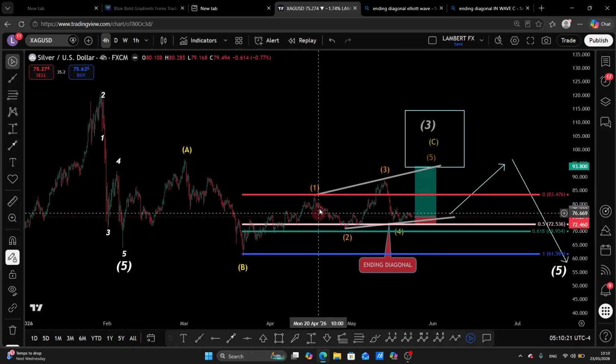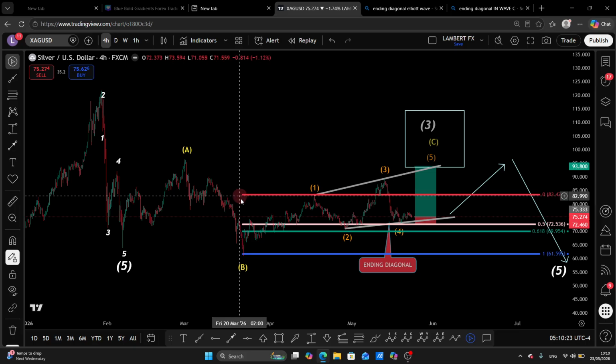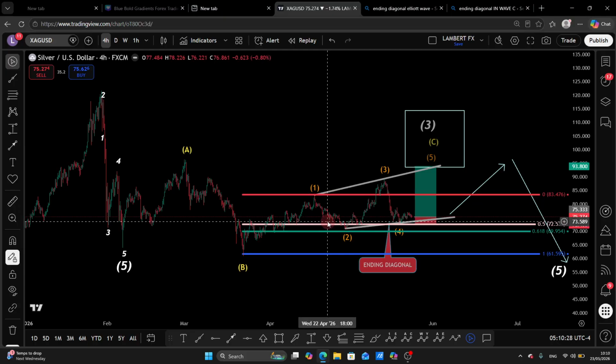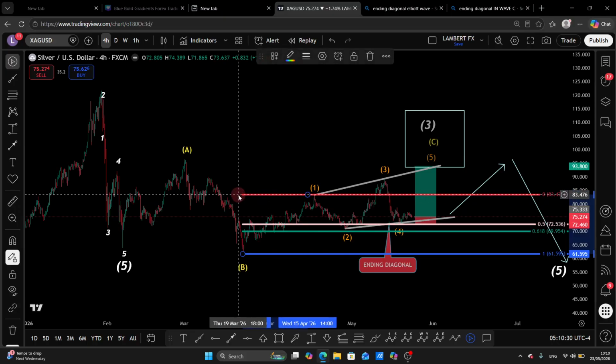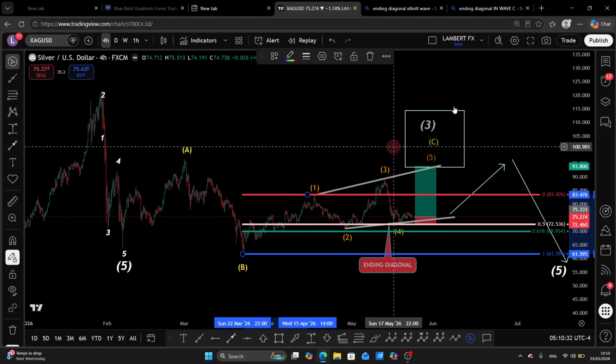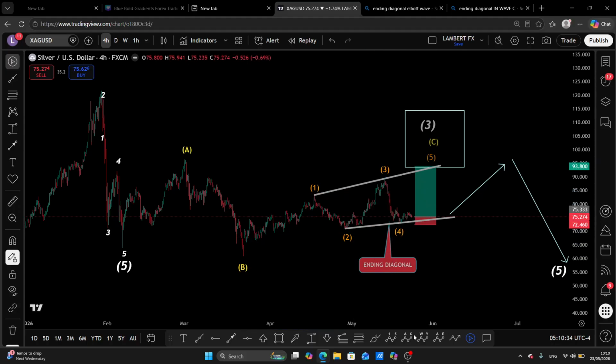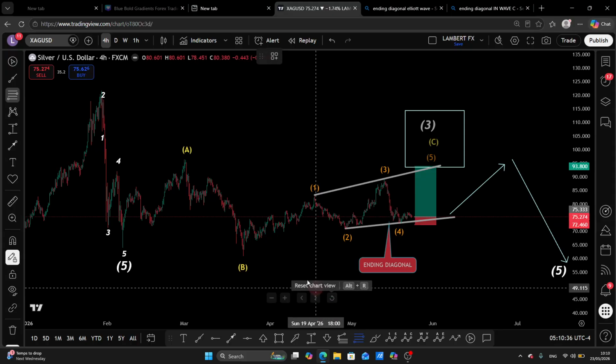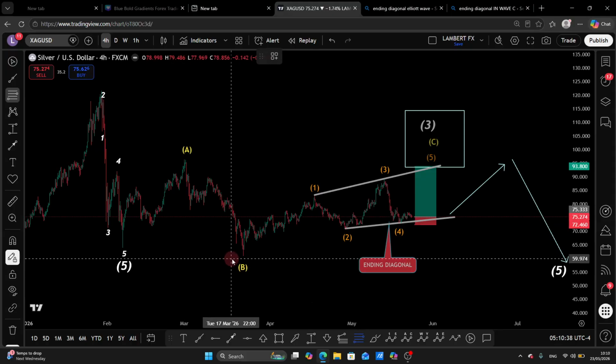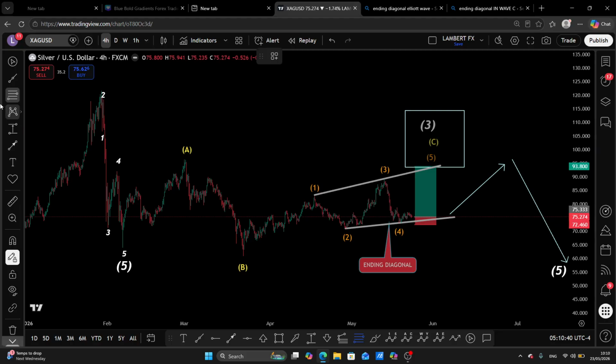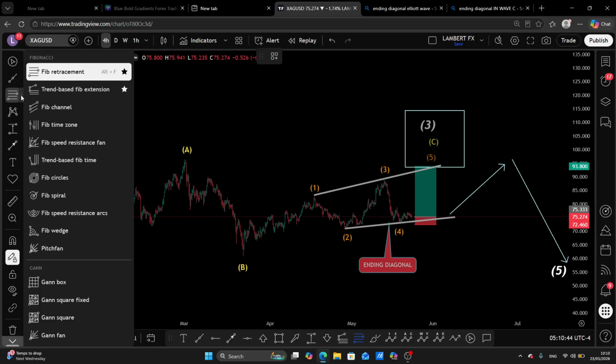And also the other rule is that your leg 4 must be at least 50%. So let's get rid of this fib. All you need to do is take the fib retracement, which you can find under Fibonacci.